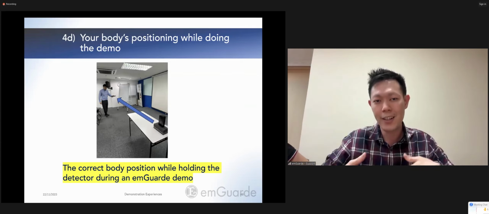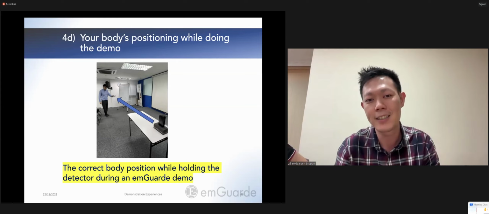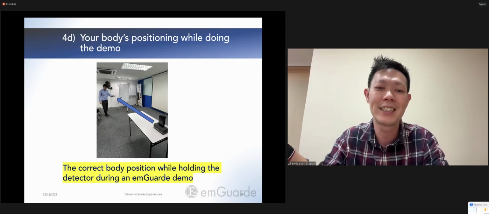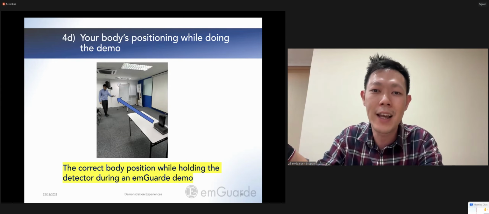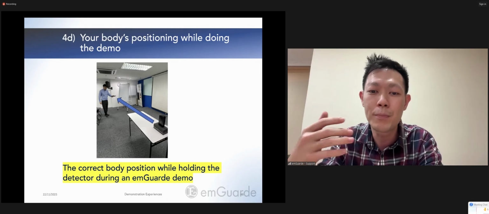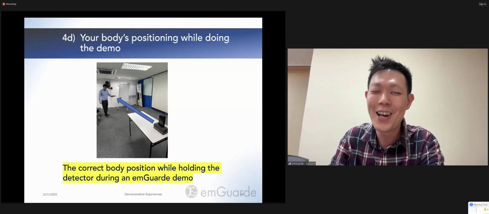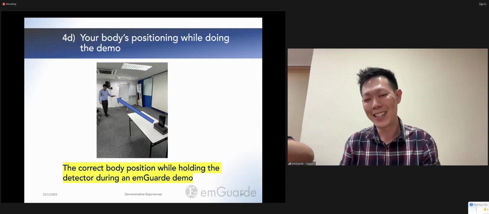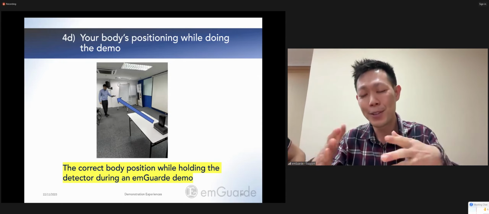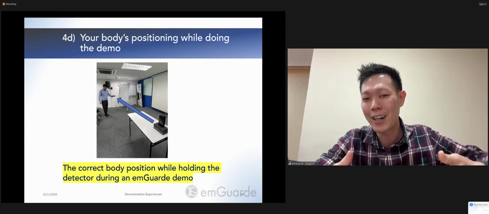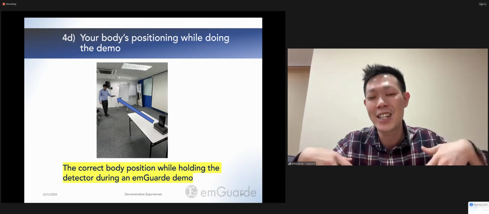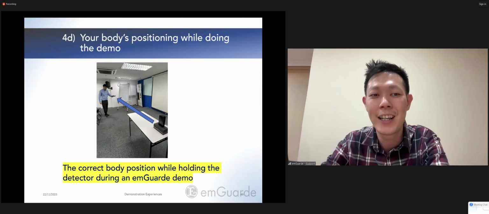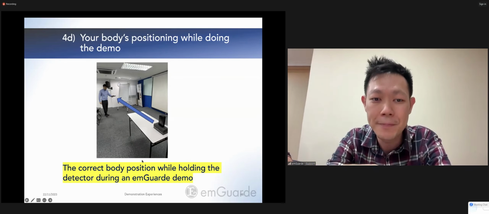So our human body is actually the best conductor for this. So while we are doing the emGuarde demo, you can go to ground first. Just put your hand on something, go to grounding first, to discharge your electrostatic first, so it may be easier.